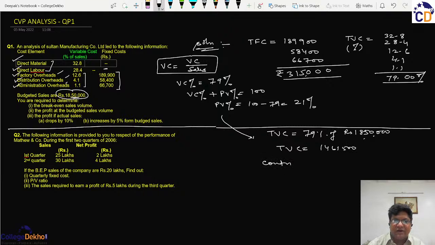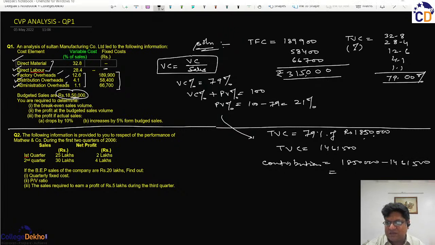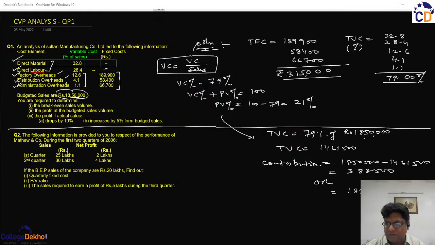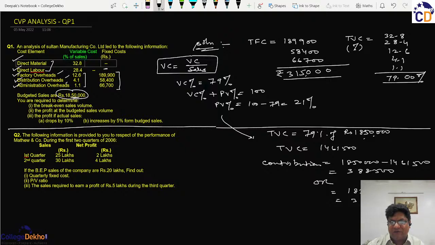We can calculate the total contribution either by deducting 14,61,500 from the total sales, which comes out to be 3,88,500, or we can calculate it as 21% of 18,50,000, which gives the same figure of 3,88,500.